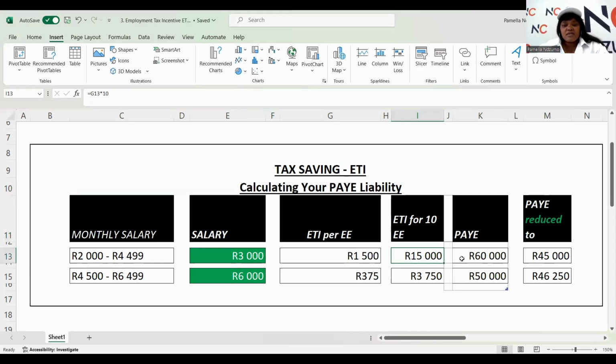But now, okay, that's the amount that they choose. Now that PAYE, let's say the 60,000 would be the total per month payable for all the employees you have, right? Even 100%, the higher one. Yes. And then for that you would reduce by that. So irrespective of how many employees?